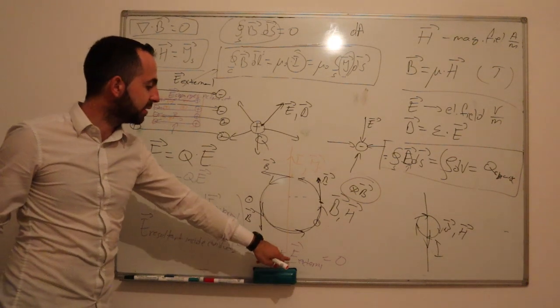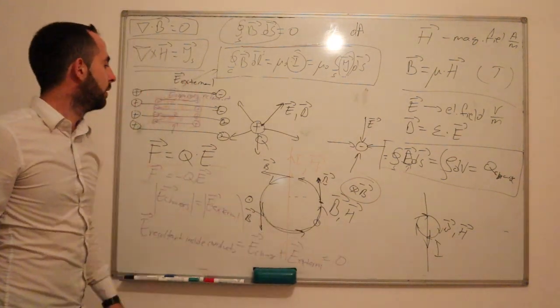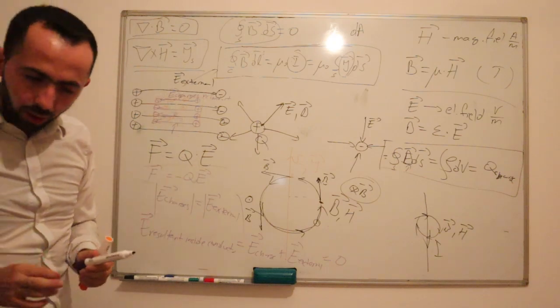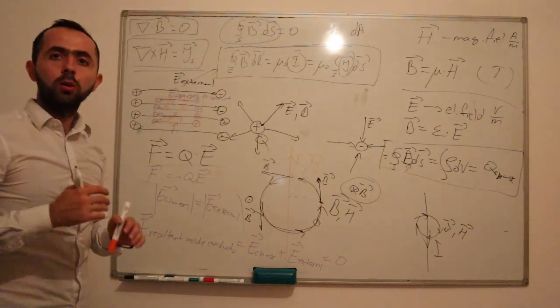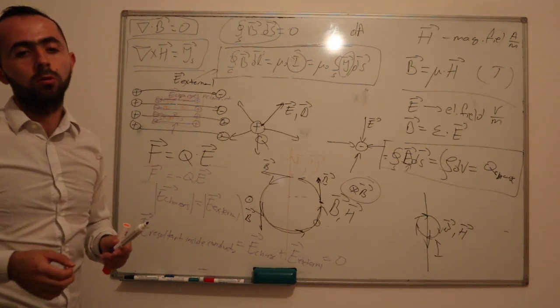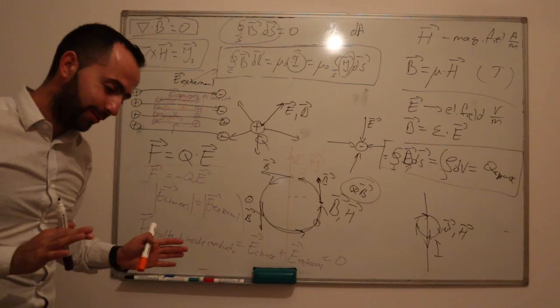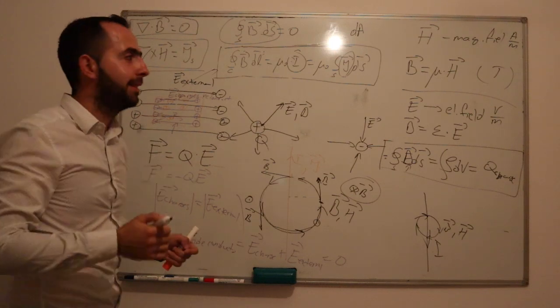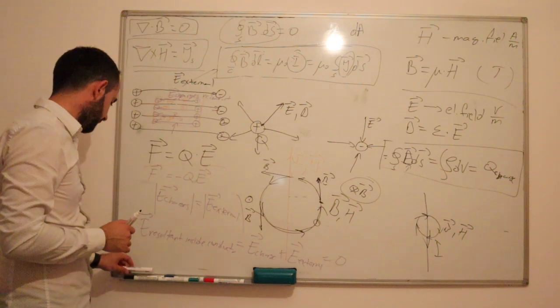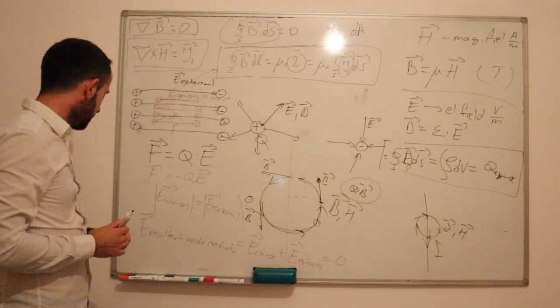Because E charges is minus E external inside the conductor. So this is why you have learned that the electrical field inside a conductor is always 0. Of course, we don't have ideal conductors, but we are talking about that in practice.